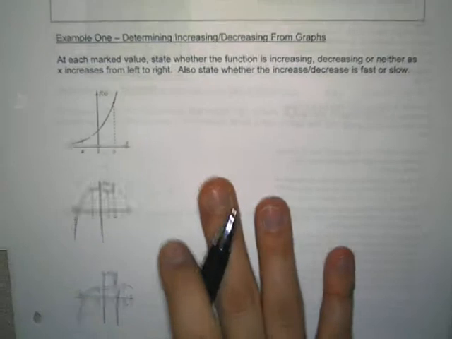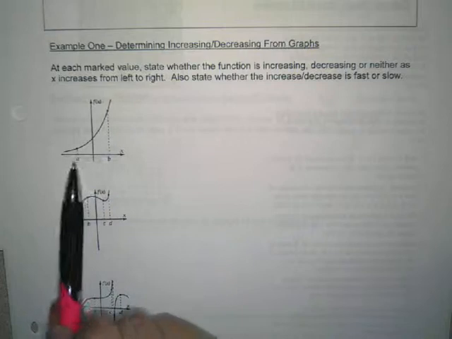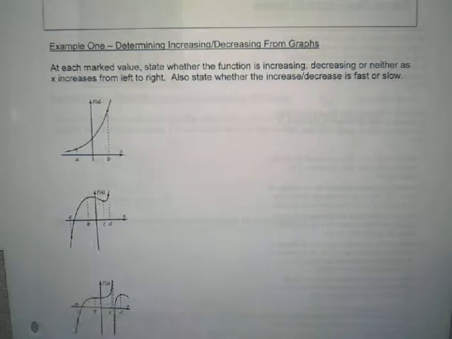All right, for example 1, this is one thing that you have to do for this standard. At each marked value, so you see how it's marked there at A, marked there at B, you have to state whether the function is increasing or decreasing, or neither, as x increases from left to right. And then you're also supposed to state if the increase or decrease is fast or slow. Okay, so we're going to do these 3 together, and then you'll get more practice on that today.